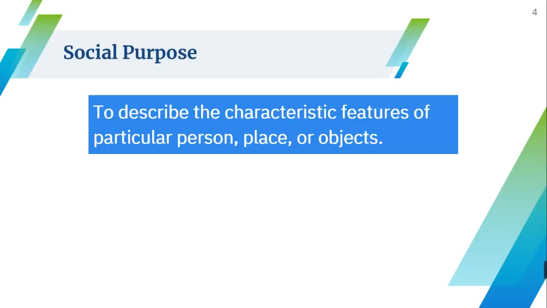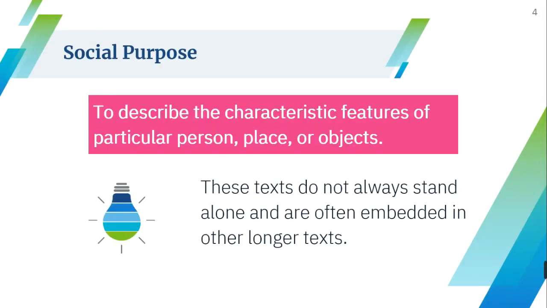The social purpose of description is to describe the characteristic features of a particular person, place, or object. So the purpose of writing description is to describe an object, to give detailed features of the object. Remember that these texts do not always stand alone and are often embedded in other longer texts.